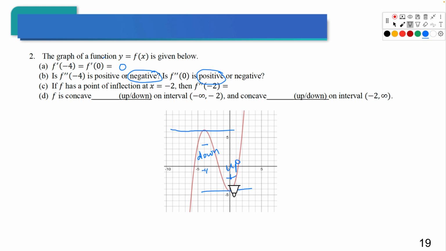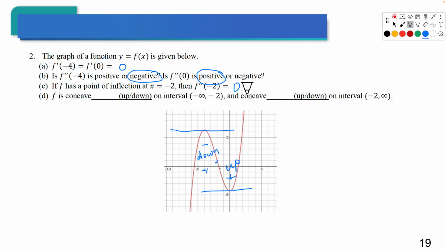You have to go through 0, right? Because if you're going to change from negative to positive, that's the middle part. So if it has an inflection point at x equals -2, and you can kind of see that here, then the second derivative is going to be 0.